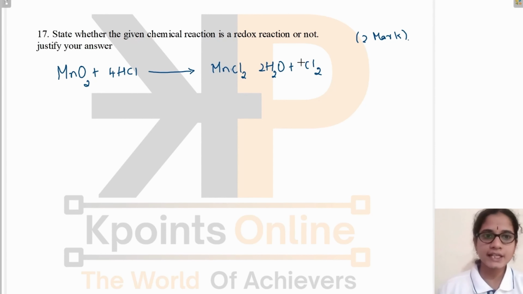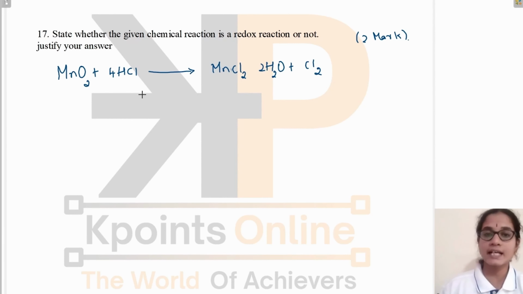We have to see this reaction. Yes. In this reaction, manganese dioxide is losing oxygen to form manganese chloride, and HCl is also losing hydrogen to form chlorine. So, loss of hydrogen, loss of oxygen, or gain of hydrogen or gain of oxygen will give the redox reaction.